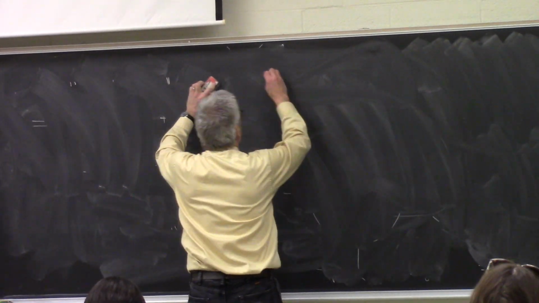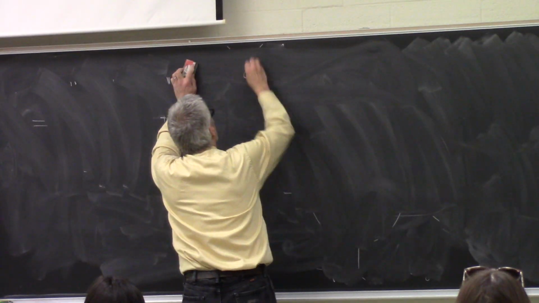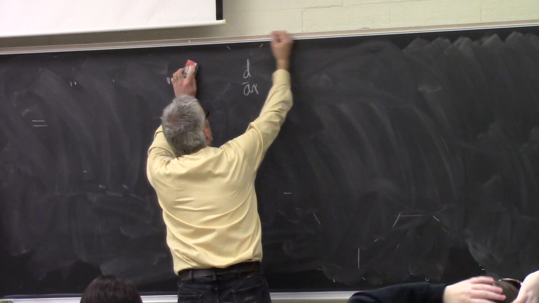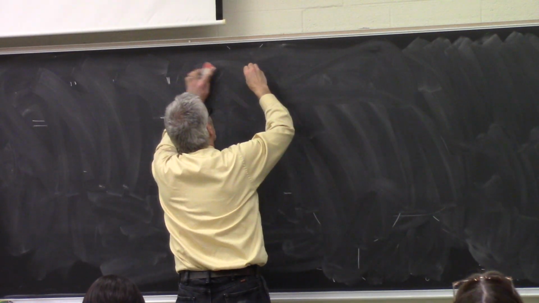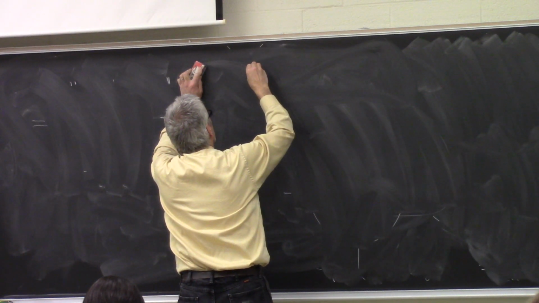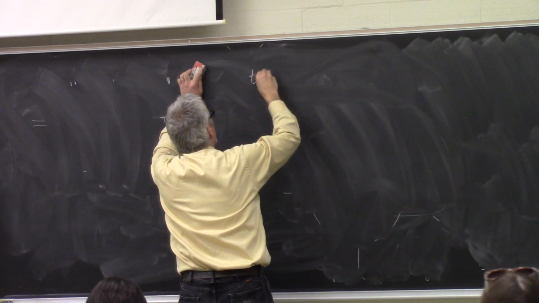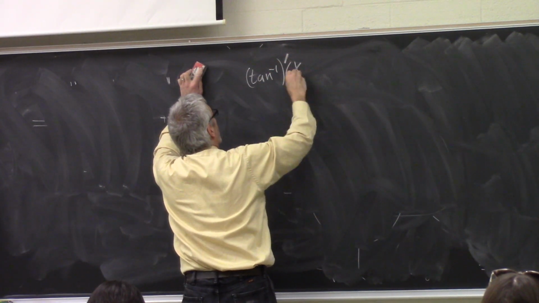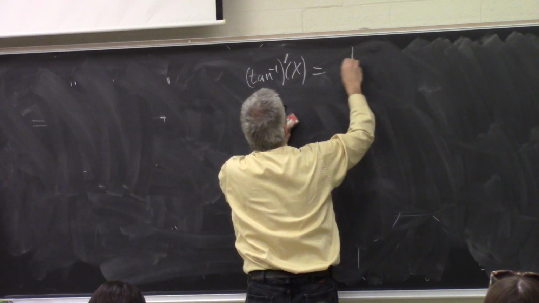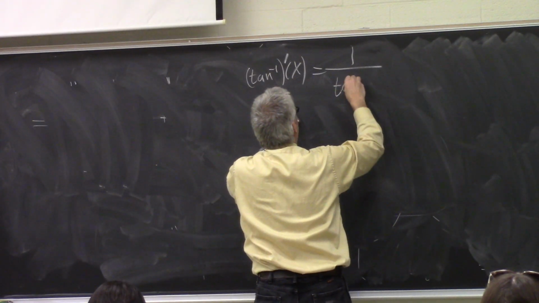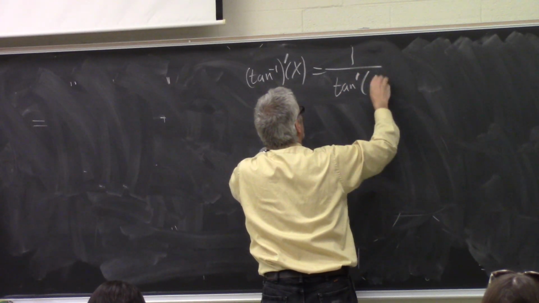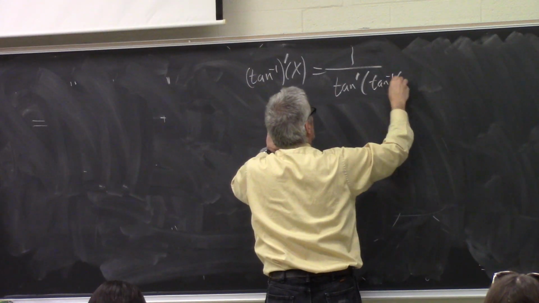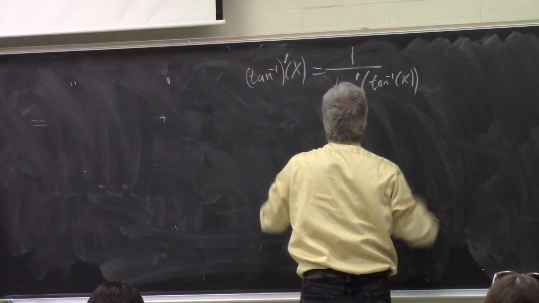So remember that the derivative of tan inverse, tan inverse prime of x, is 1 over tan prime of tan inverse of x. That's the inverse derivative formula.